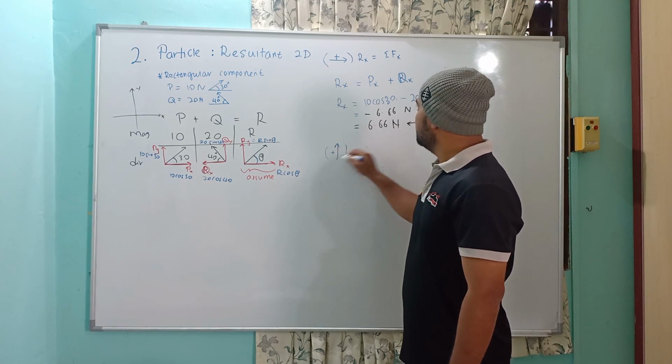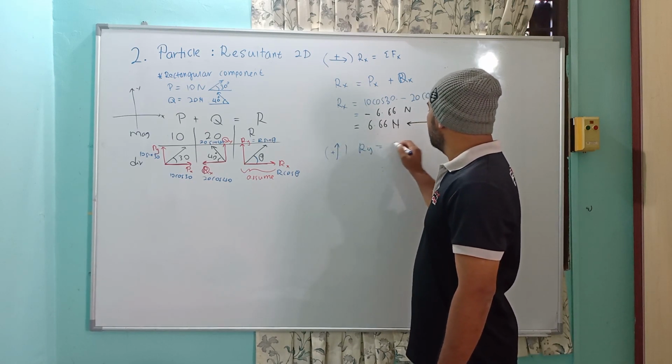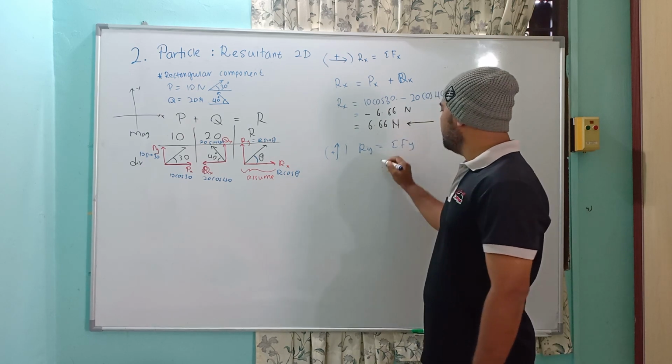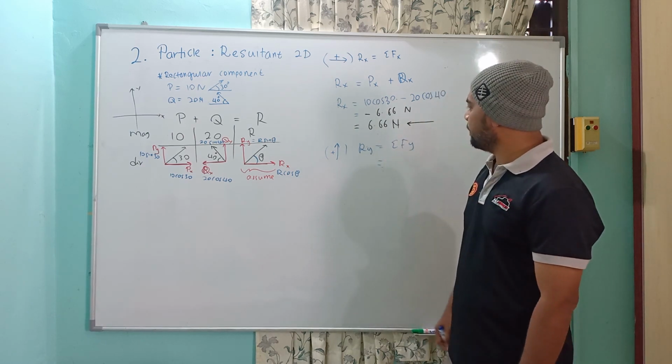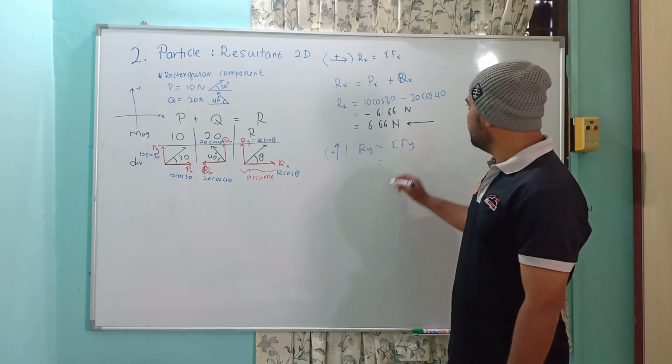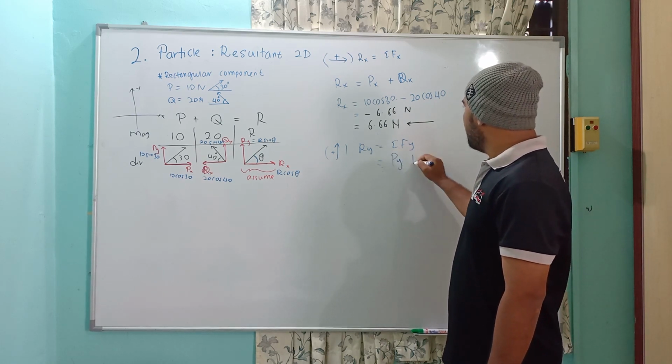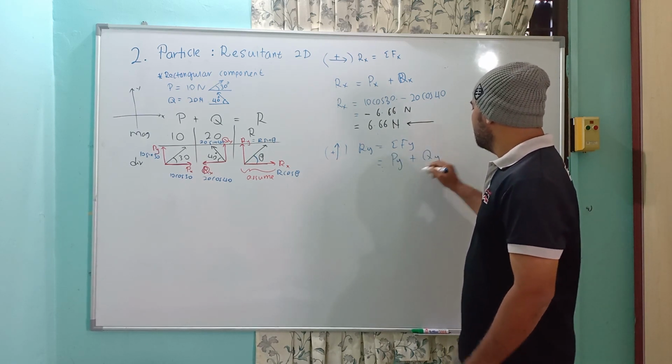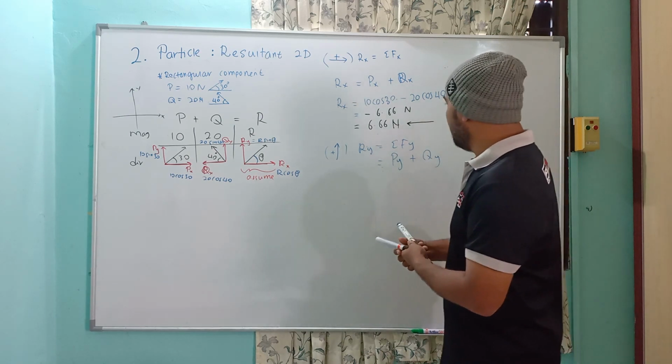Upward positive, Ry equal to sigma Fy, so we have Py plus Qy. So the Ry is Ry.